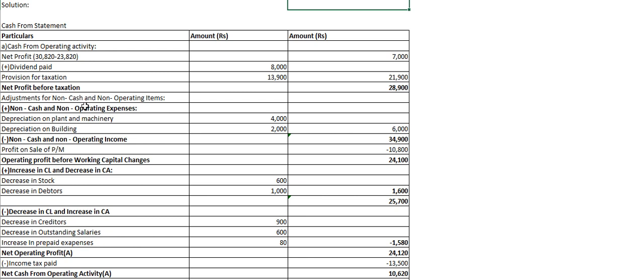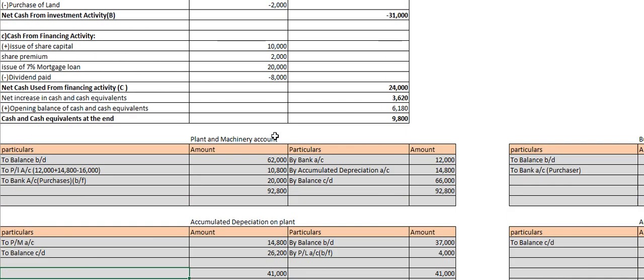So now adjustment for non-cash and non-operating items. You add all the non-operating expenses and you minus all the non-cash and non-operating incomes. So in the question we have only the depreciation which is given. So depreciation on plant and machinery, which is 4,000, which is nothing but the balancing figure from your accumulated depreciation account.